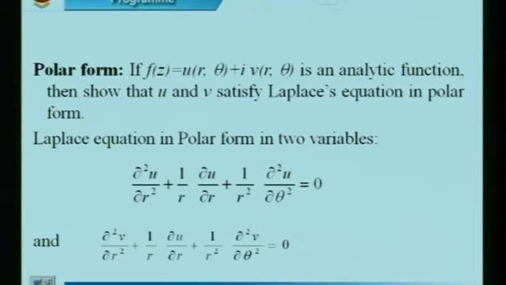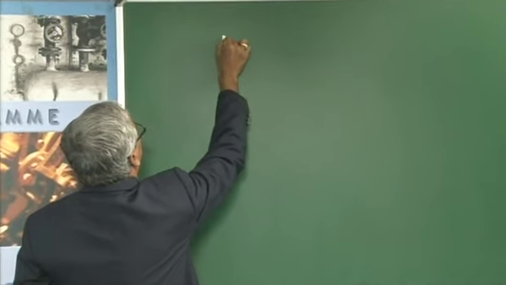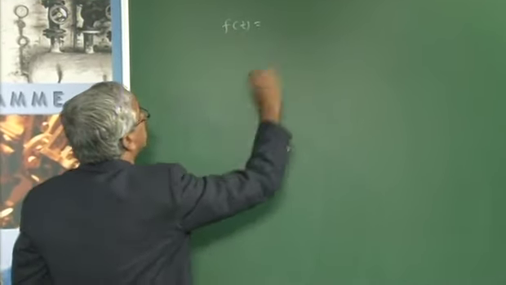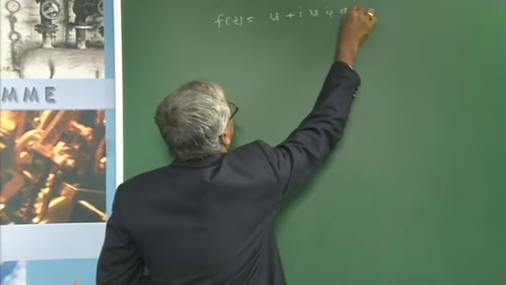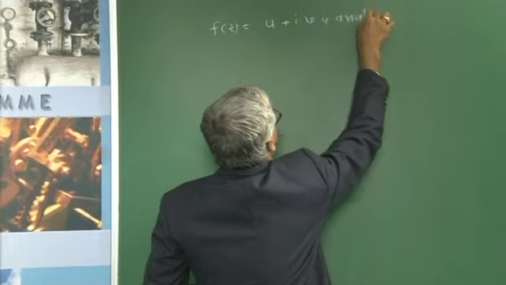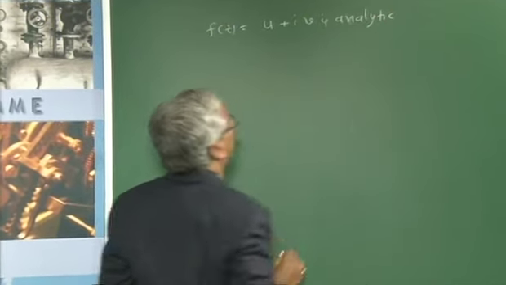Then again, f(z) = u + iv is analytic in polar form.